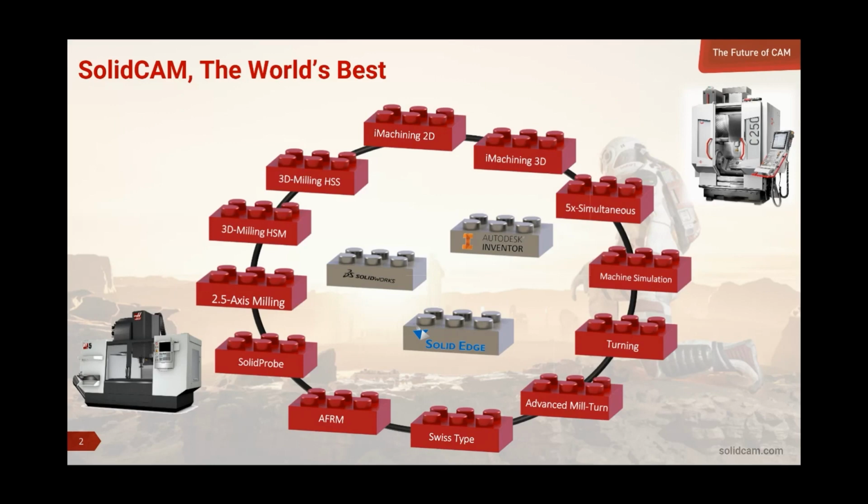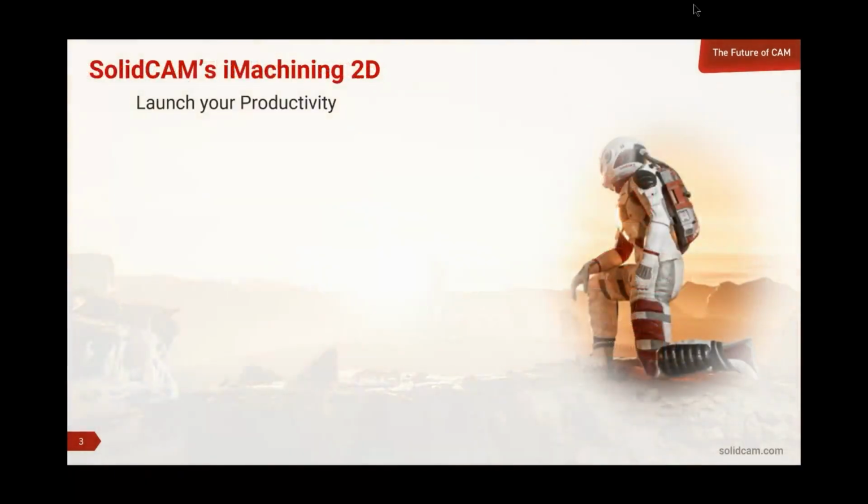That gets pretty complex. But today we're going to be talking about the iMachining 2D and iMachining 3D modules. So let's go ahead and get started on those. Now, the idea of launching your productivity with iMachining 2D: iMachining 2D is a bulk material roughing module.